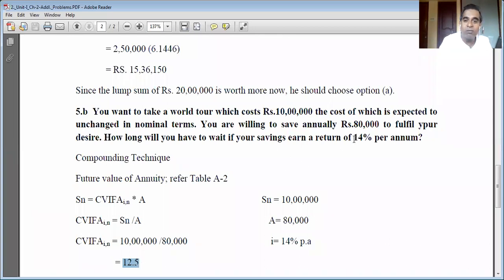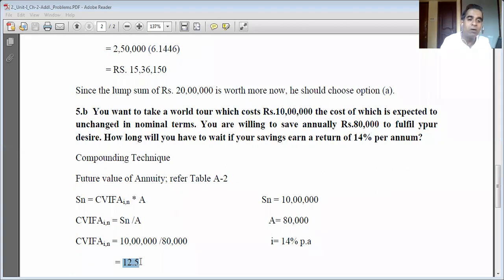Now we know the rate of interest, 14%. So we need to go to the 14% interest column and verify each value till we find 12.5 or the closest to 12.5. If we move the cursor towards the left-hand side, whatever year we find, that many years are required for your 80,000 rupees each year savings to accumulate to 10 lakh rupees.